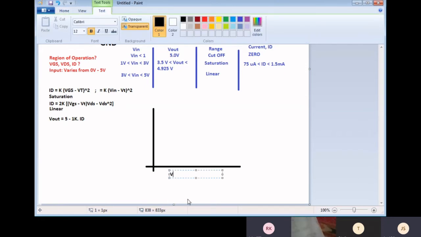So this will be V in in volt, and V out in volt.